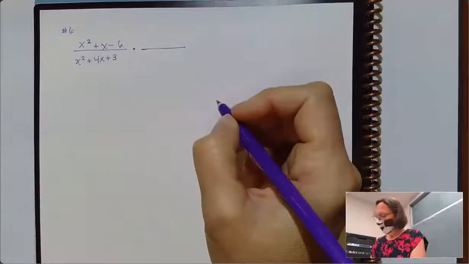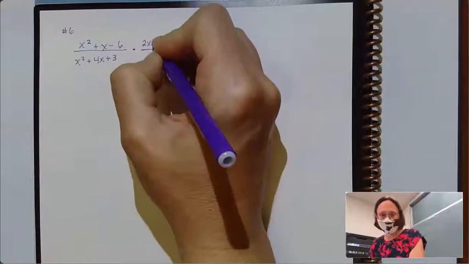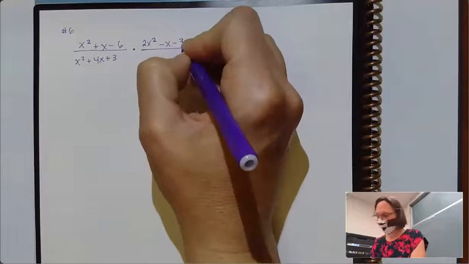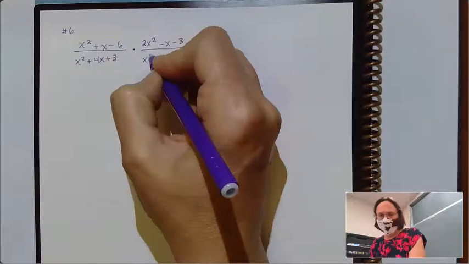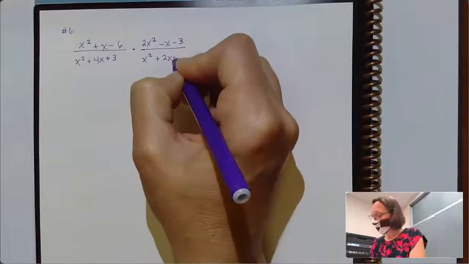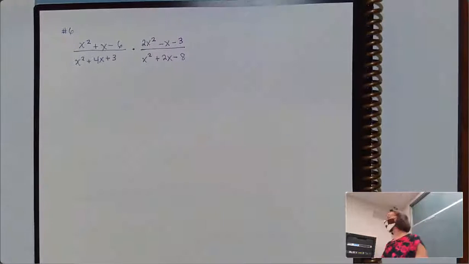Now I did get a question by email that I thought was worth talking to everybody about. I was talking about restrictions on the variable the other day. If the question doesn't explicitly ask you to state the restrictions on the variable, you can go ahead and skip that step.